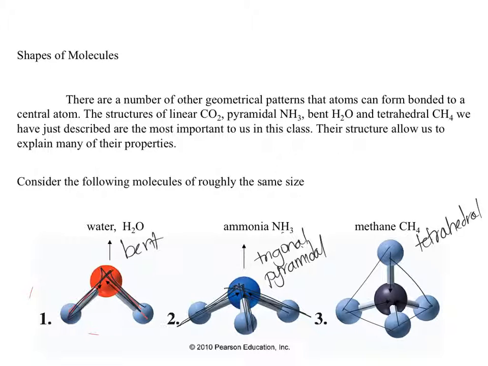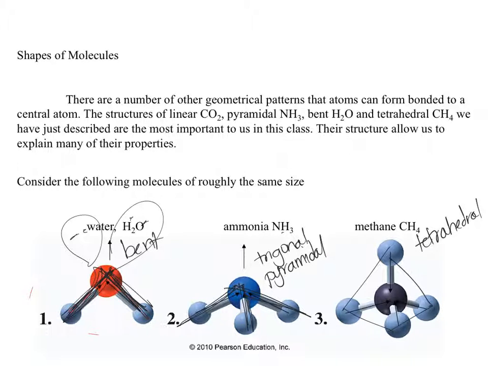Again, one more time, the difference between the electron domain geometry and the molecular geometry. The electron geometry takes into account the lone pairs, like on water, and the fact that you go, okay, central atom goes to four things, tetrahedral. But the molecular geometry is, if you were just to draw a line and look at the shape of the molecule with respect to the atoms and the bonds, what's that shape?